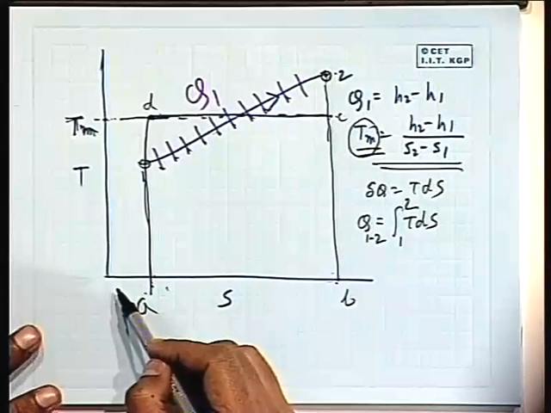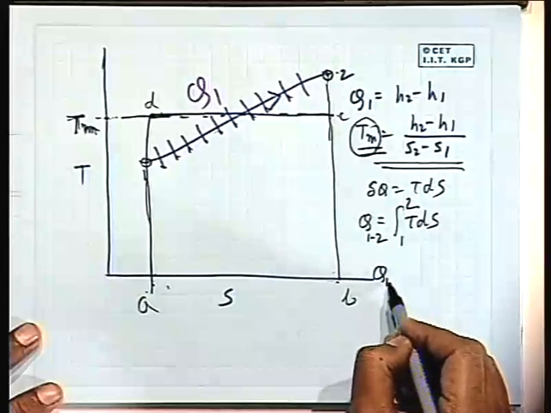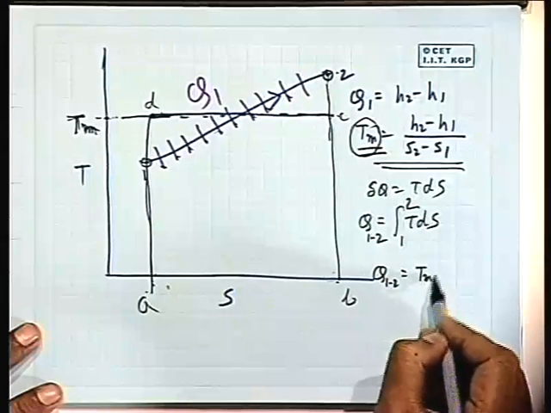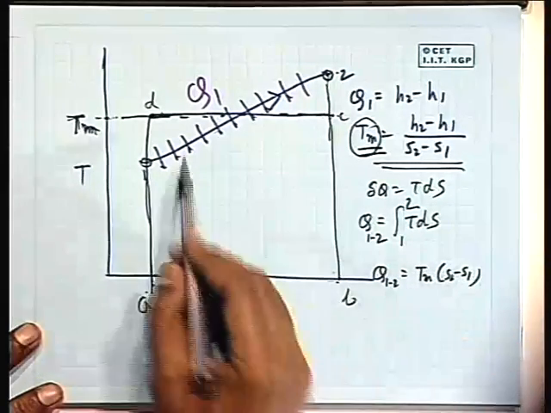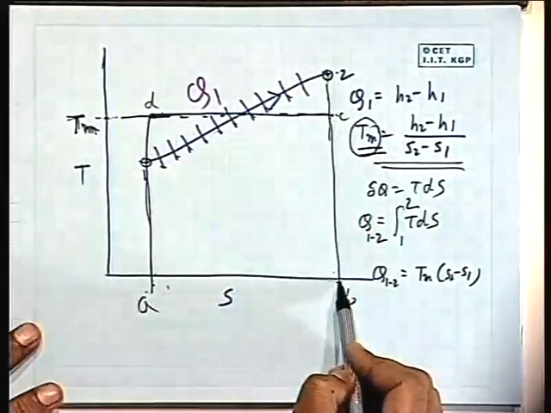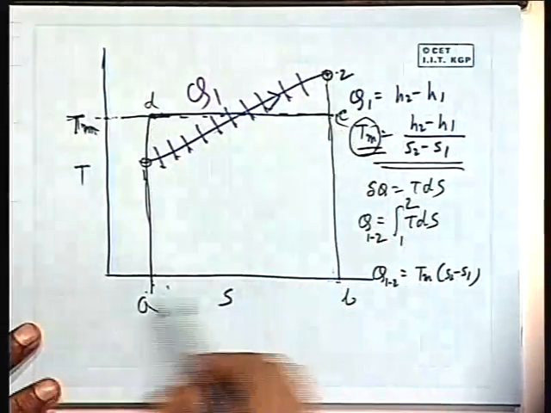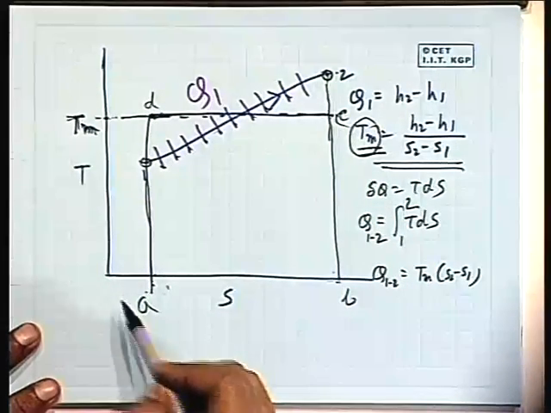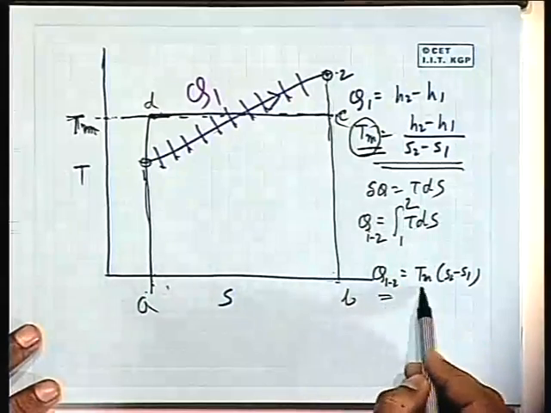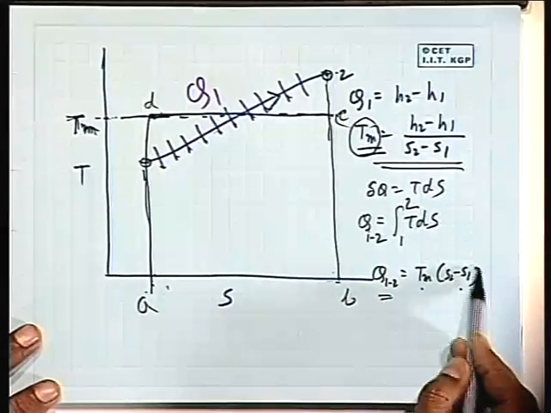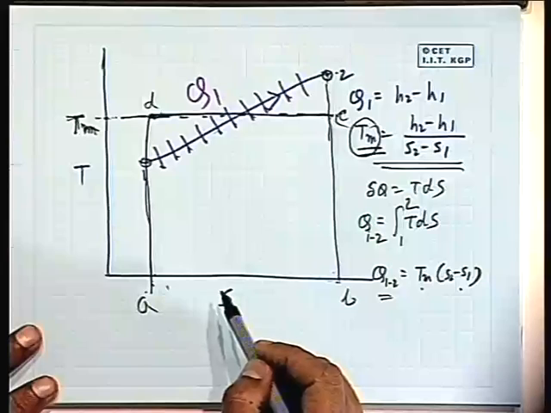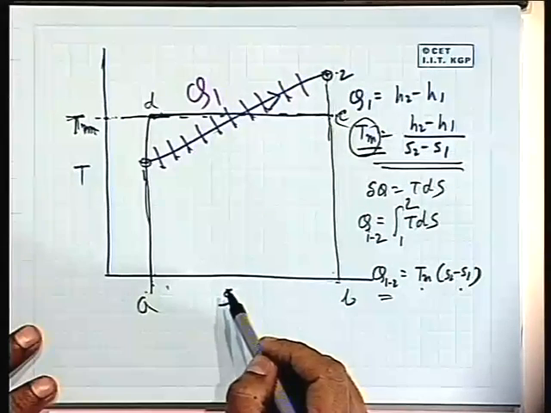You understand? That means the same heat added could be expressed as Tm into S2 minus S1, because this is the area DCBA. Because at constant temperature, heat addition is T into S2 minus S1. So, this is the way one can calculate the mean temperature of heat addition.